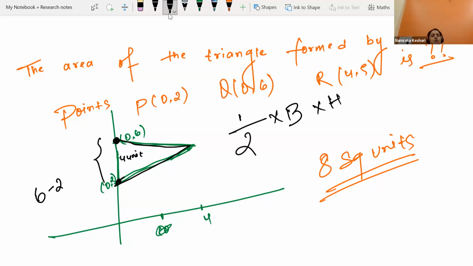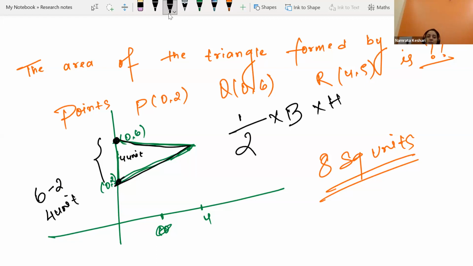And logically also, we have to find the distance from where y is 2 to where y is 6: 2 to 3, 3 to 4, 4 to 5, 5 to 6, 4 units distance is there. Yes or no?